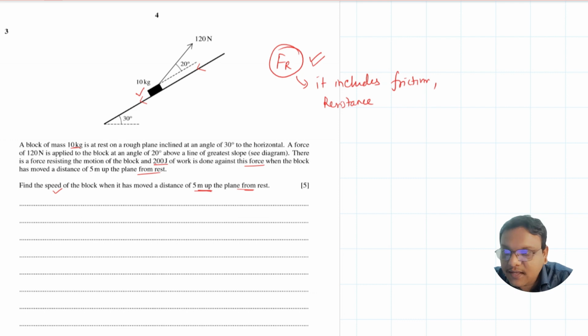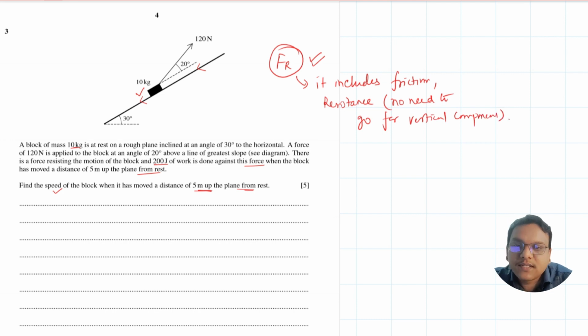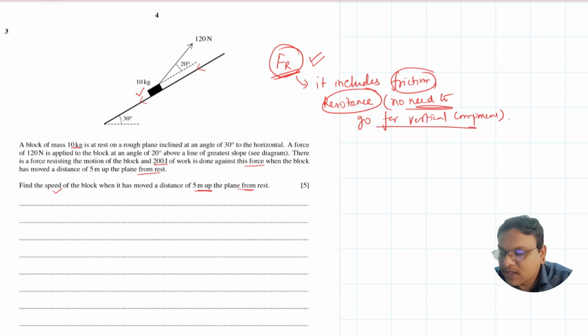So what I'm trying to say is, no need to go for vertical components. Do you understand? Again I'm saying, whenever a resistive force is given, as it includes the friction and resistance, there is no need to go for vertical components. So basically we'll talk about horizontal components here, right?